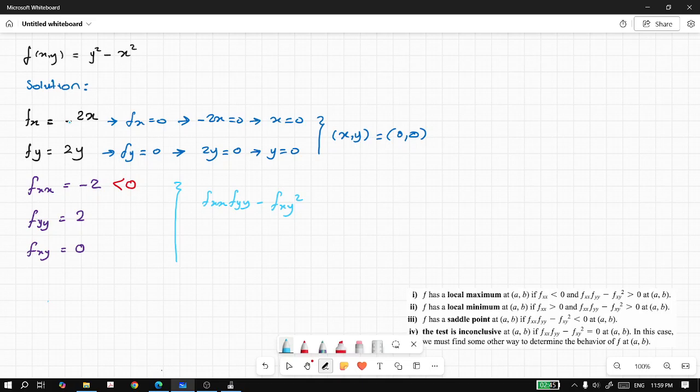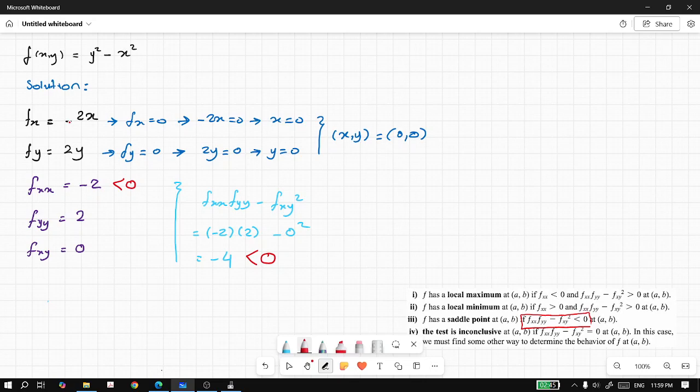This gives me f sub xx is minus 2, f sub yy is 2, and minus 0 squared, which gives me minus 4. Minus 4 is less than 0. So the discriminant is less than 0. So we have got this case here.